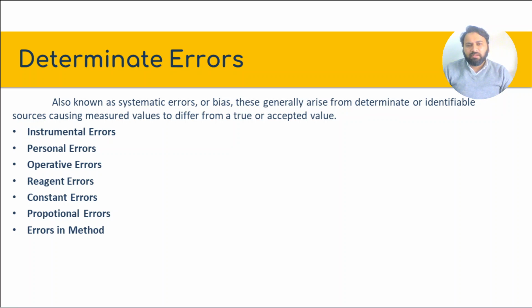For example, in case of titration, which we will learn in coming classes, in the titration the end point appears, for example, at 5 ml of the titrant. But for proper visibility of the endpoint, because that's the change in the color or the pH, we add 0.1 ml more.